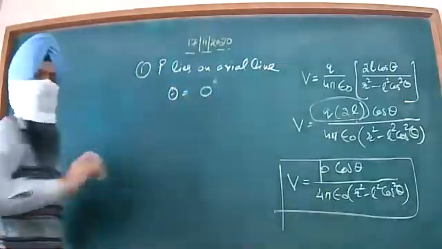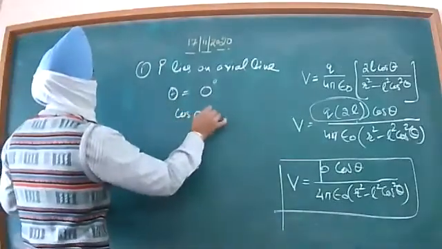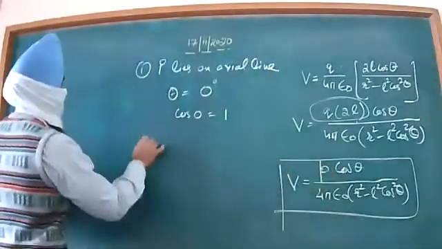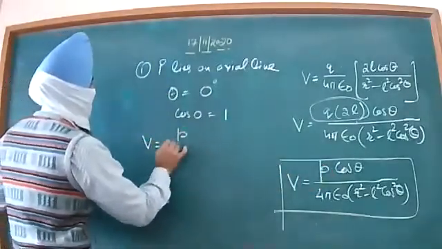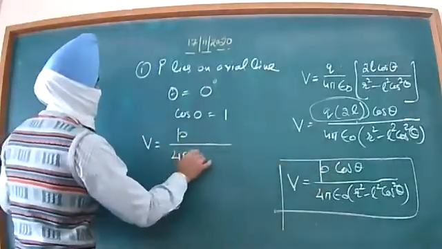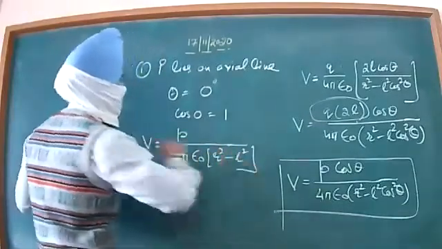You can see on your notebook here I have drawn this diagram, and we take cos of 0, this is equal to 1, and substitute over here, V will be equal to P divided by 4 pi epsilon naught, r square minus L square.